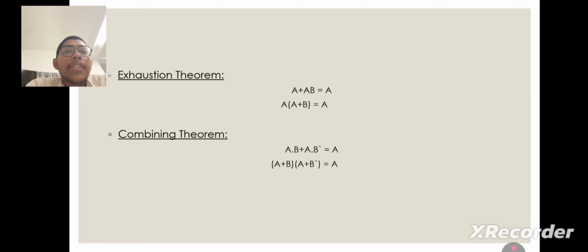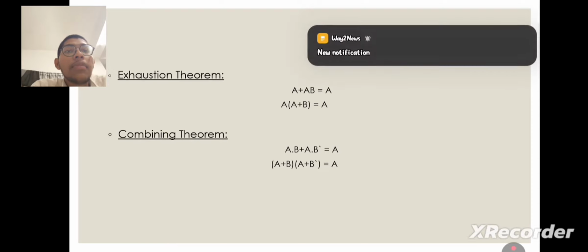Now we are discussing the combining theorem. The combining theorem is A into B plus A into B dash equals A. We can calculate this by taking A common: B plus B dash equals 1, as we know from another law.